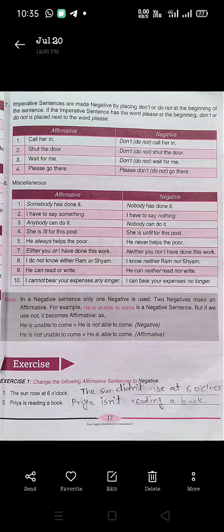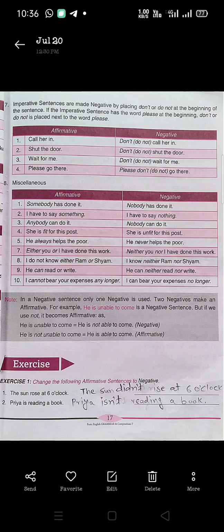I know neither Ram nor Sham. One thing to be noticed here: we don't have to use do not in the negative sentence, because we are using neither nor. So we don't need to add don't there. Understood?